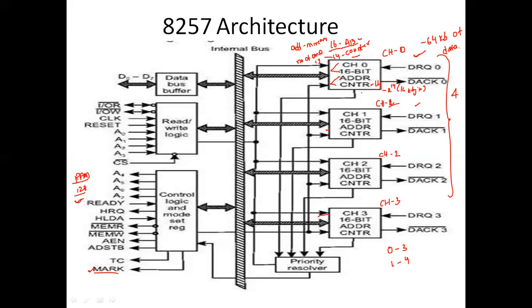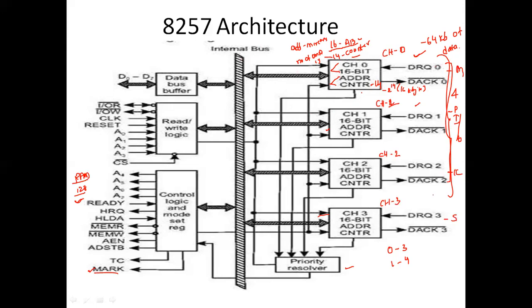It also has a priority resolver. In this architecture, these 4 channel outputs are connected to the input output devices. Suppose they are connected to a mouse, a printer, a keyboard, and a scanner.